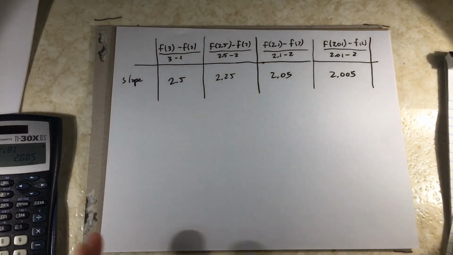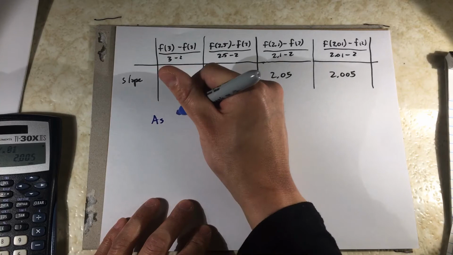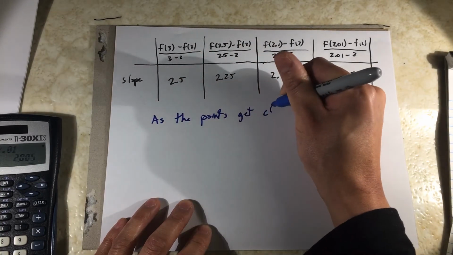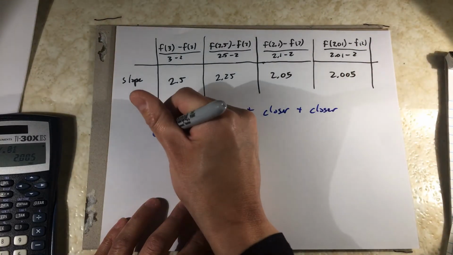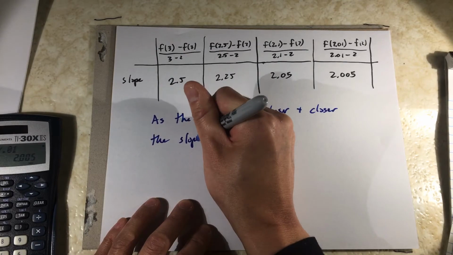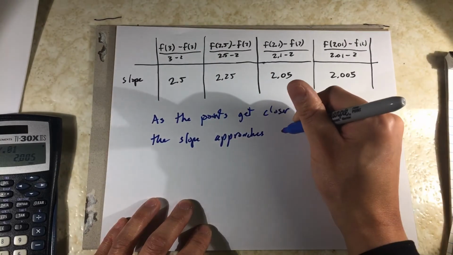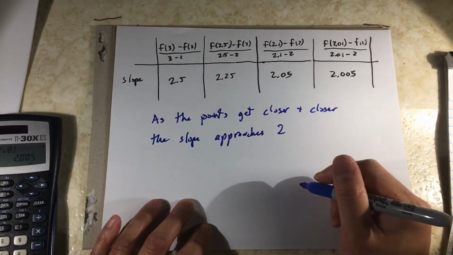All right, so maybe you could see the pattern here is that as those points get closer and closer, the slope approaches, if you can see the pattern, closer and closer to 2.